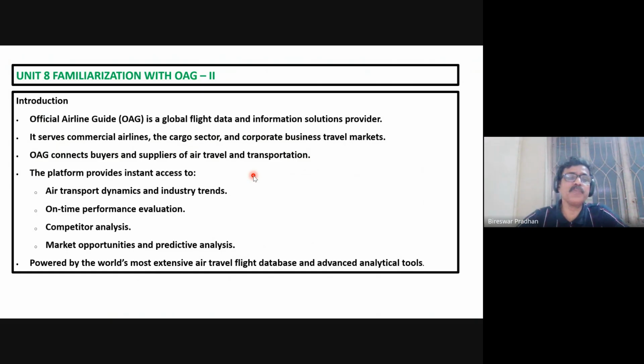The platform provides instant access to air transport dynamics and industry trends, on-time performance evaluation, and competitor analysis. Everything you need in a business, you can find in OAG.